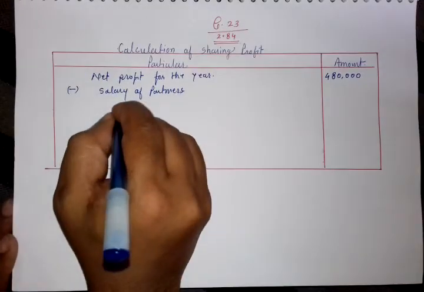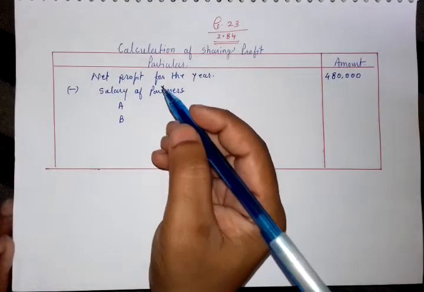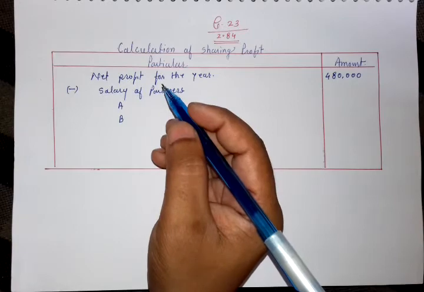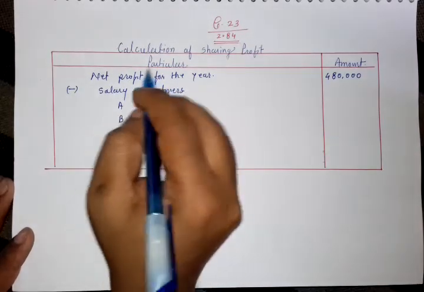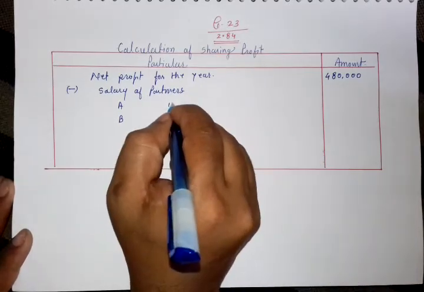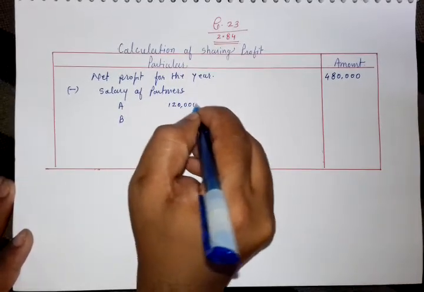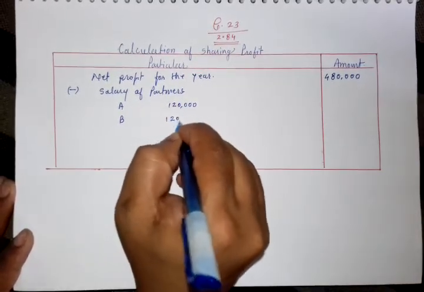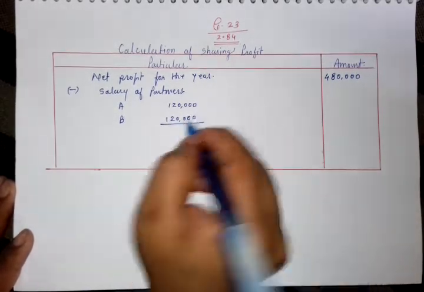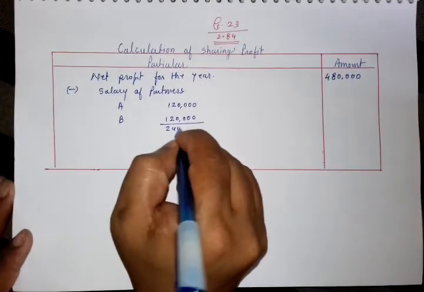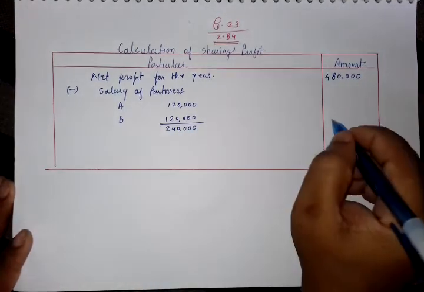What salary? A and B. Why A and B? Because they are really involved in the business. A means Amar, B means Bhanu. Salary of A is 1,20,000 per annum, and B also has 1,20,000 per annum. It means they are having 2,40,000 rupees as salary.